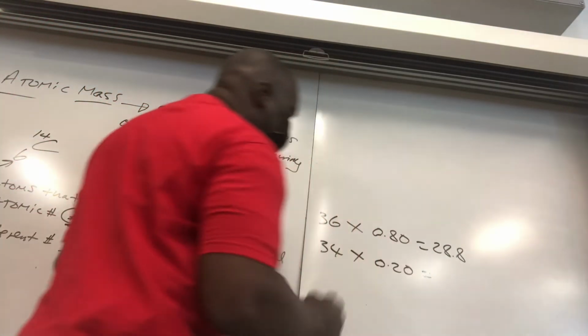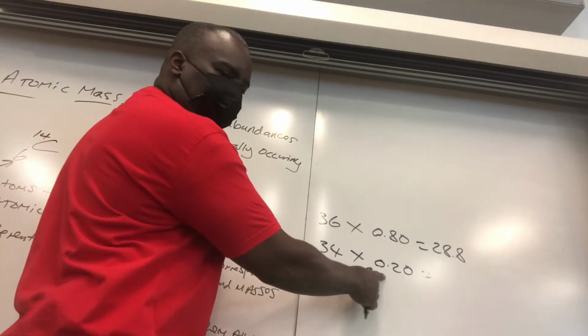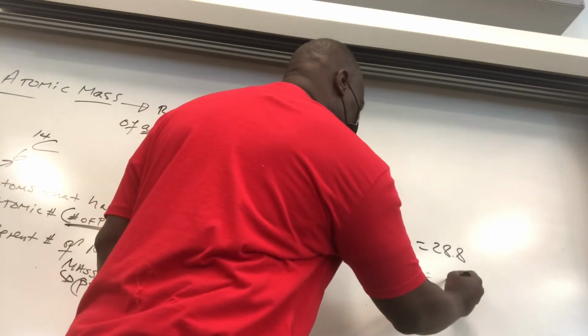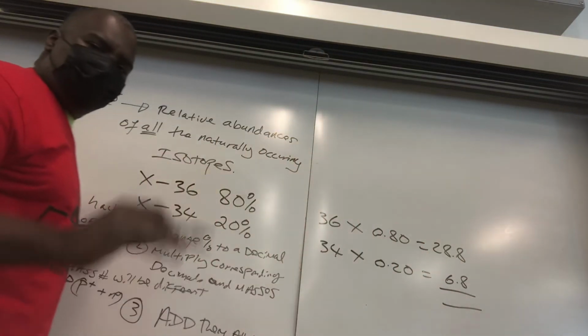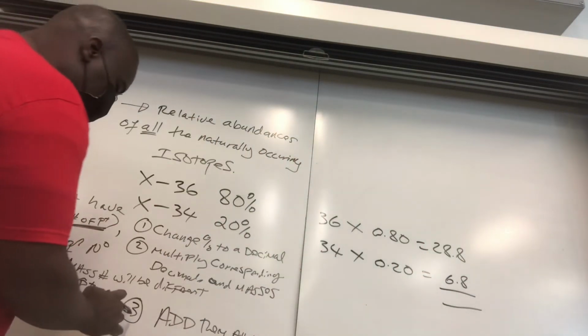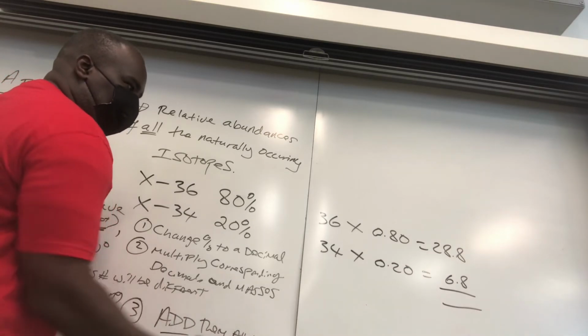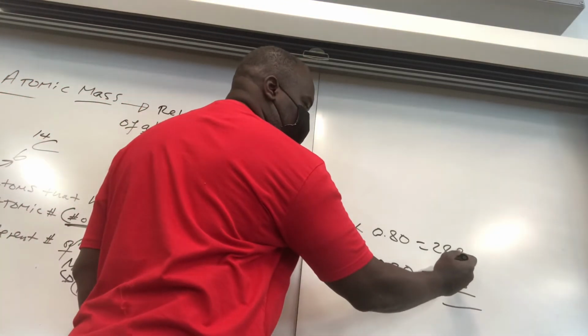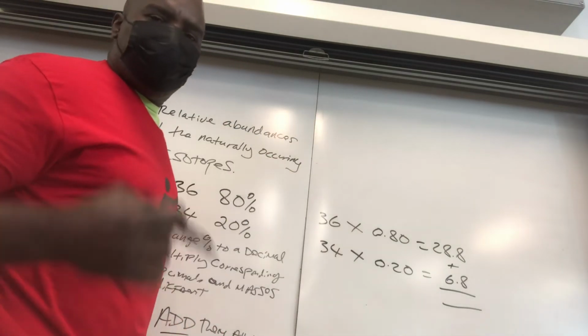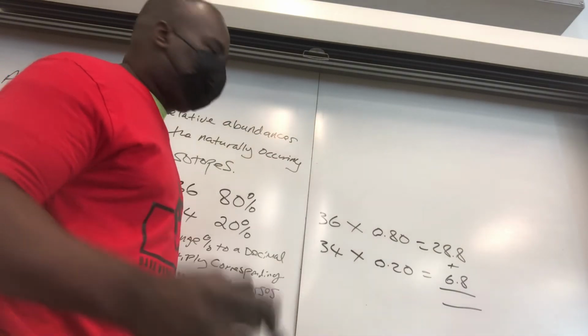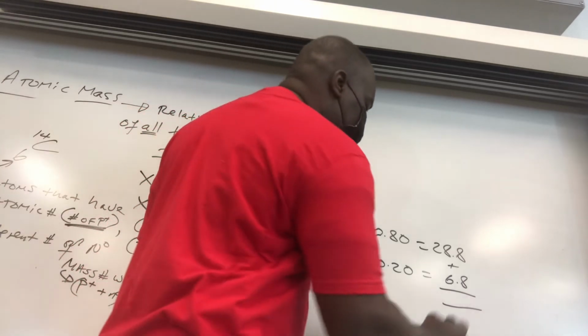And 34 times 0.20 gives me 6.8. So that's step number 2. The third step is we just add them all up. So we have 2 values to add up here, 28.8 plus 6.8, and that's going to be our final answer.